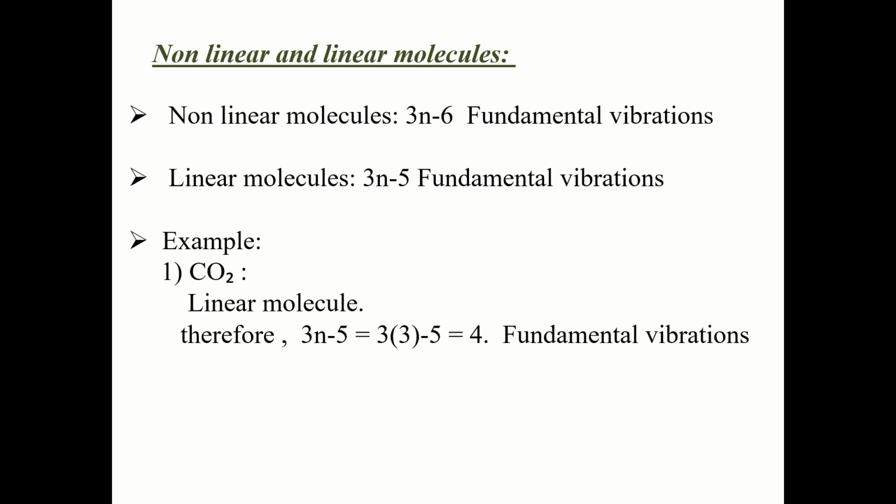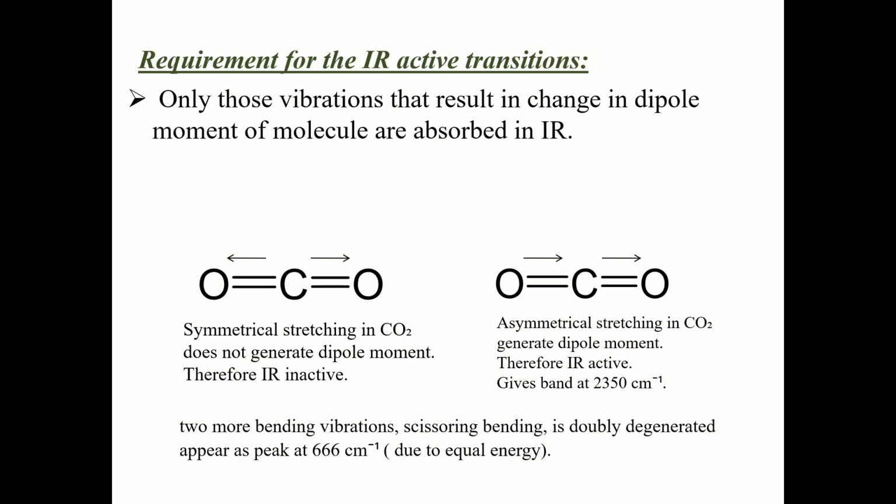CO2 is a linear molecule, so we use 3n minus 5 fundamental vibrations, where n stands for the number of atoms. Here we have 3 atoms, so n is equal to 3, and we get 4 fundamental vibrations for the CO2 molecule.